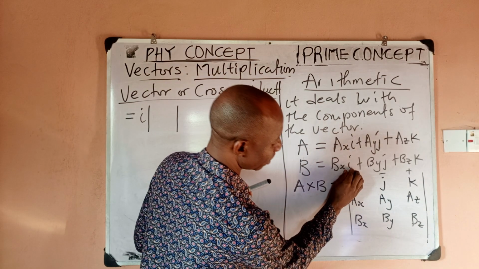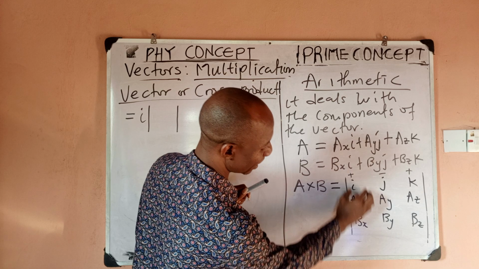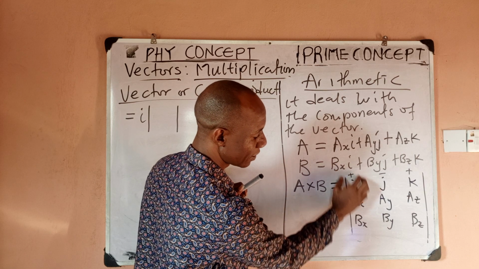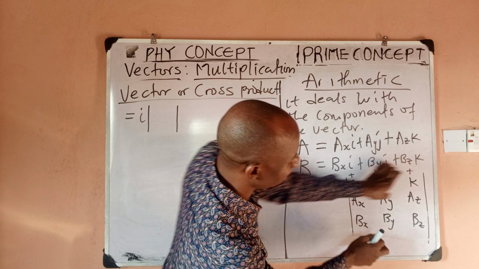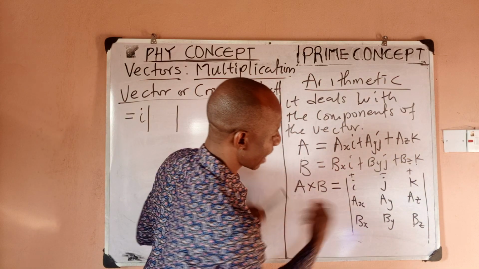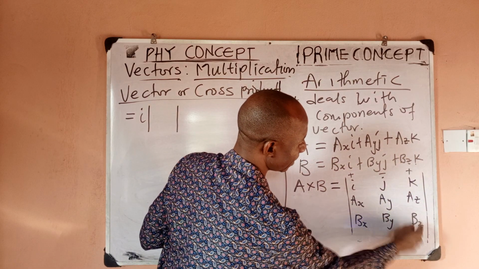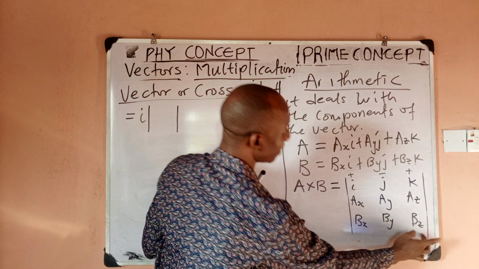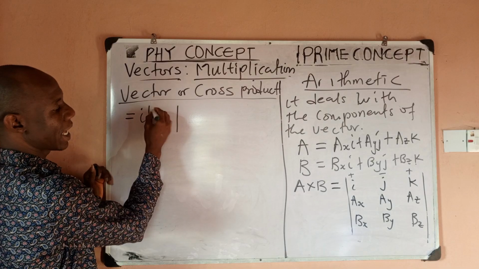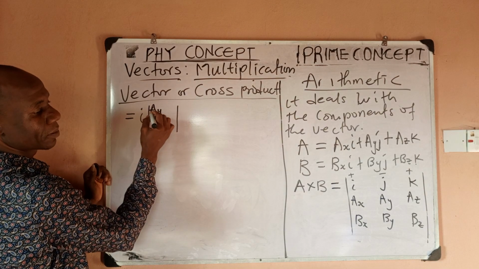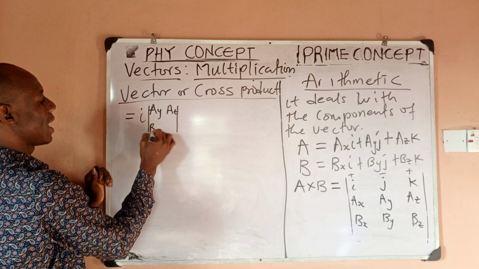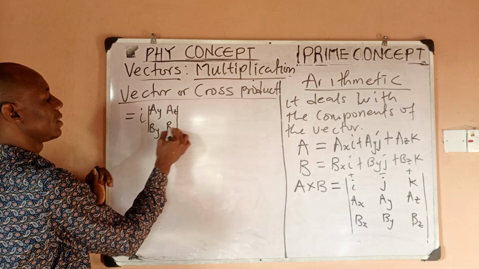So if you watch this place, i is connected to this place, so I don't want to see this place again. So watch as I'm closing it. Now if I close also this part, you would see that I'll be left with this, closing here and striking here. I'll have this. That is for i. So writing it, I have AY, AZ, I have BY, and I have BZ.